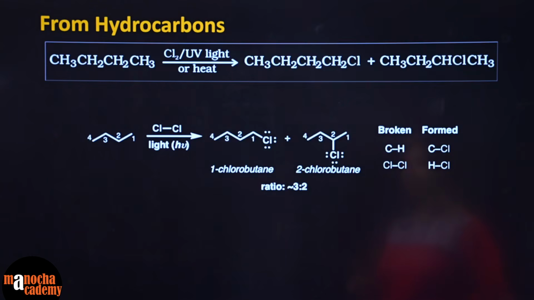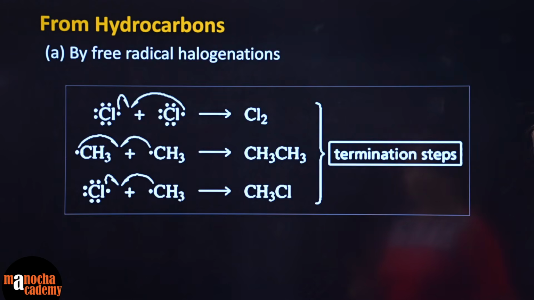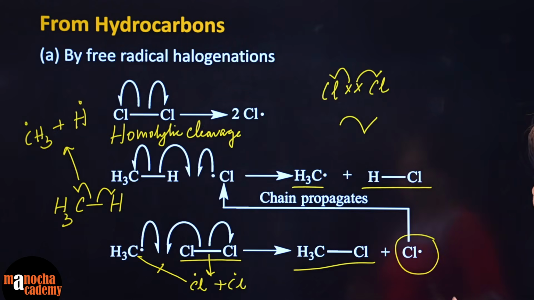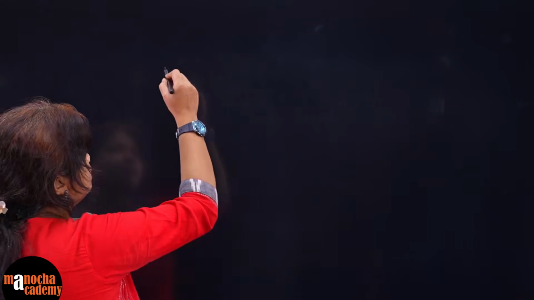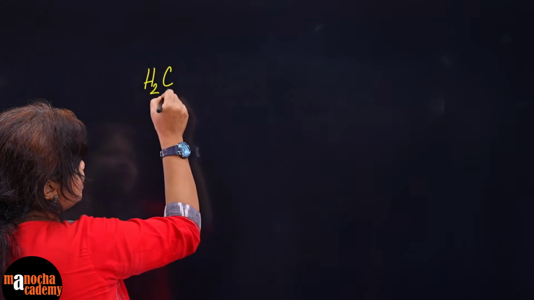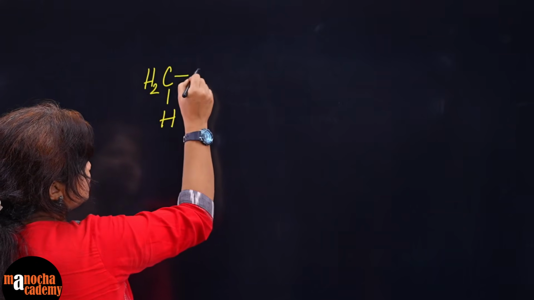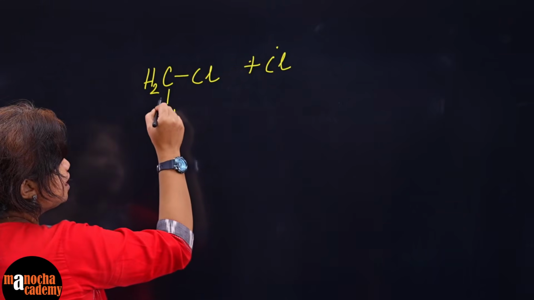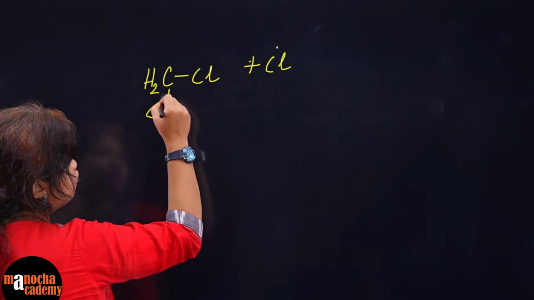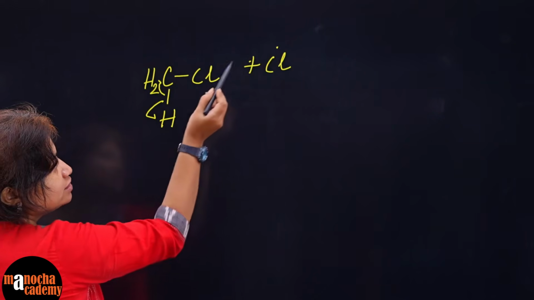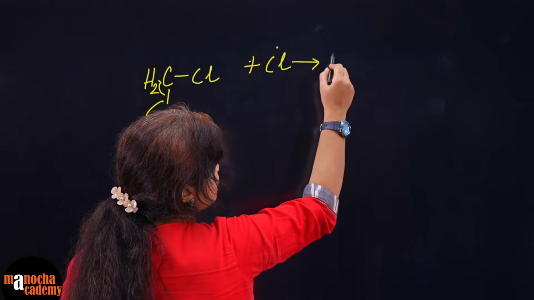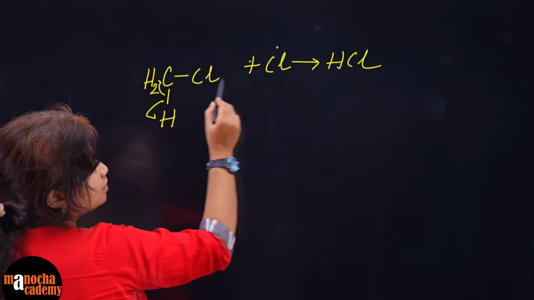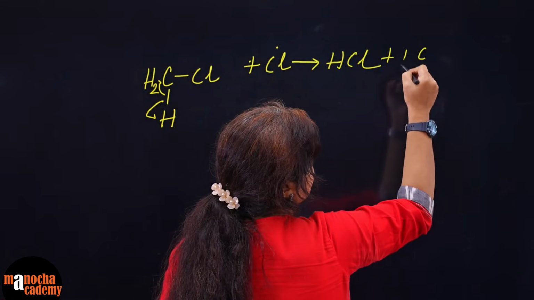Let me show. I have not shown it. Okay, I'll show it here. Just a moment. In one of the steps I'm showing here, see, I'm showing methyl chloride. I can write like this, Cl, and you have another chlorine radical. This will again undergo homolytic cleavage like before, and this H and this Cl will form HCl, and what you get is a radical here, CH2Cl.